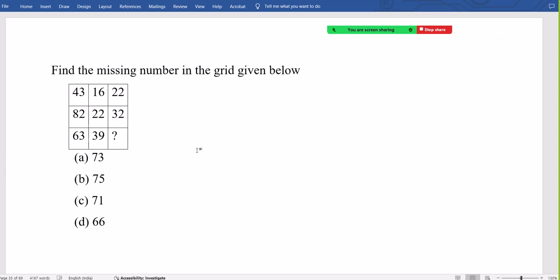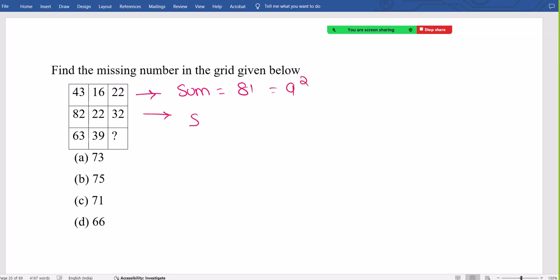If you don't get any idea, let's try with sum of digits also. Maybe sum of entire summation. We'll try with entire summation. Is there anything possible? If we do entire summation, what will be the answer? 43 and 16, which is 59. 59 plus 22, which is 81. Okay, 9 square, right? Fine, let me see.